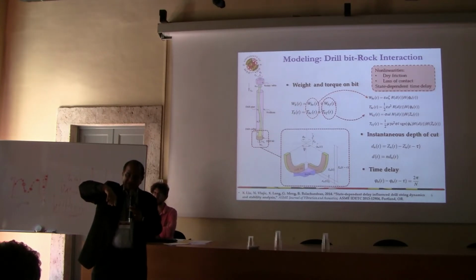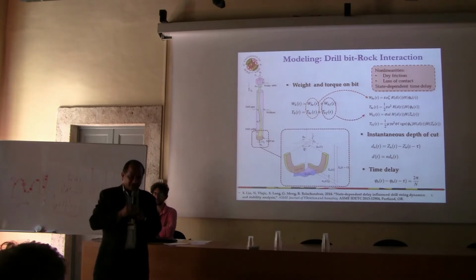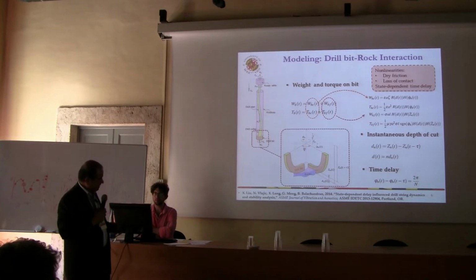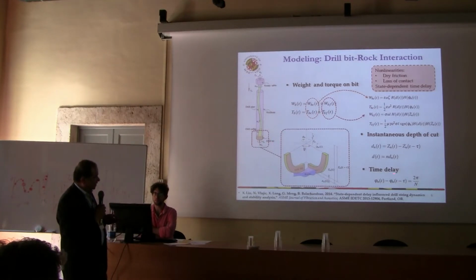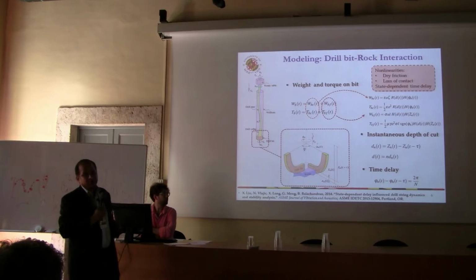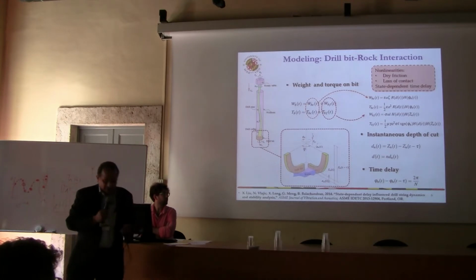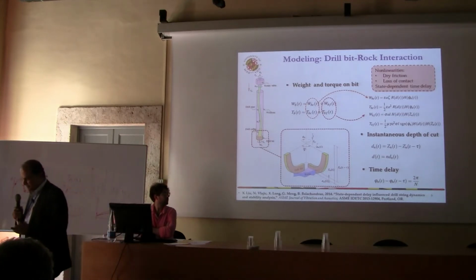So the tau is no longer just 2 pi over your rotation speed, but something you need to find through this relationship. Tau is an implicit function of the angular states at T minus tau, and T itself. So you have to find it numerically. That's what makes this problem a little complicated.